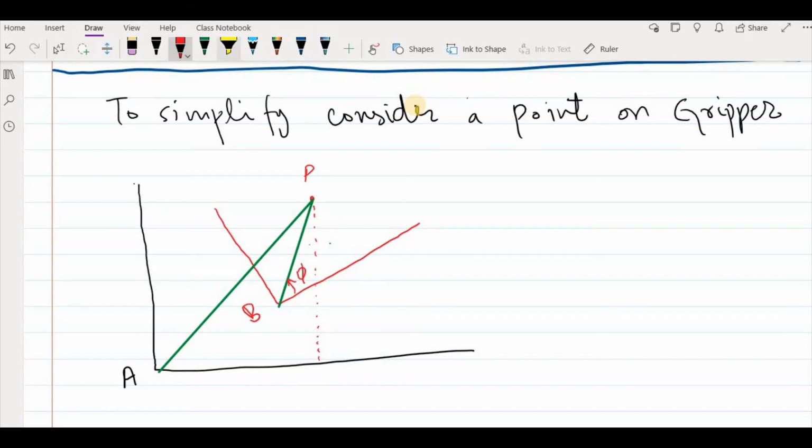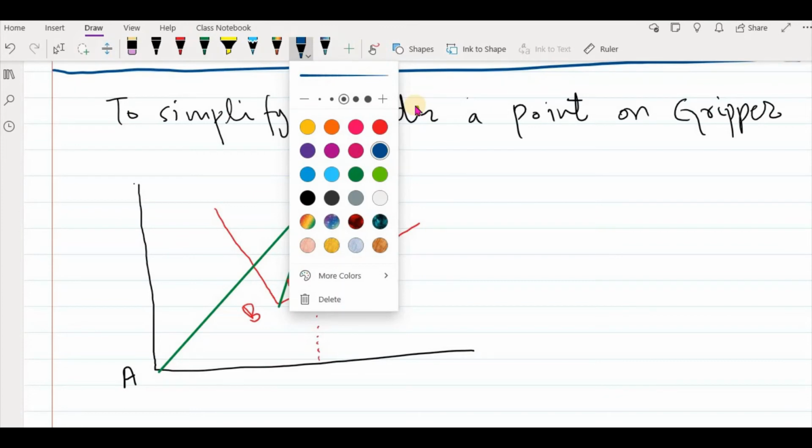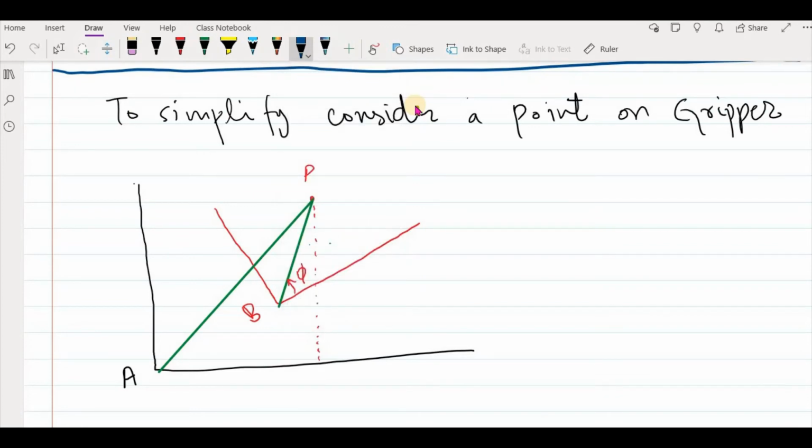Okay, so let's draw a temporary frame here which is parallel to frame A, so we can see how much it is rotated. Let's make it in black color.